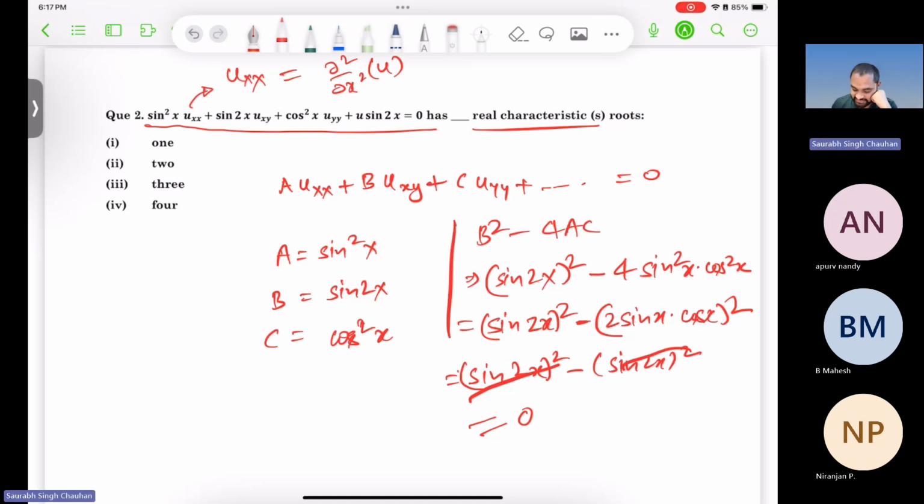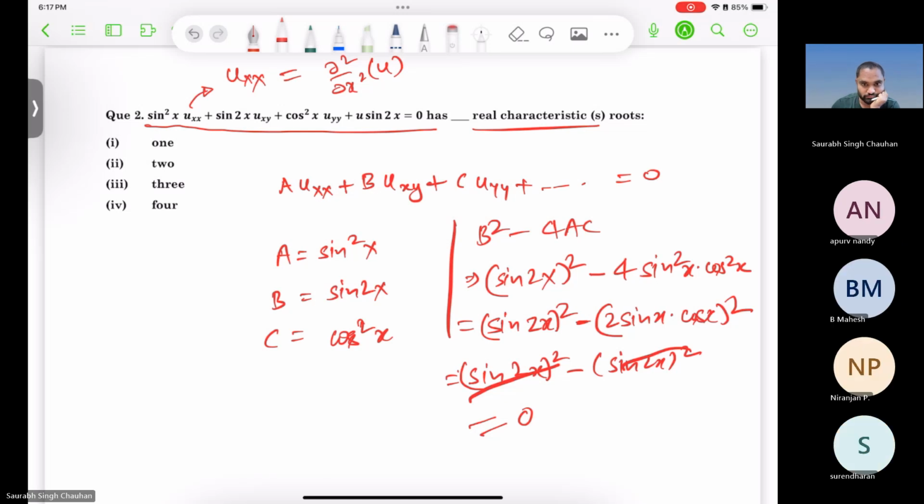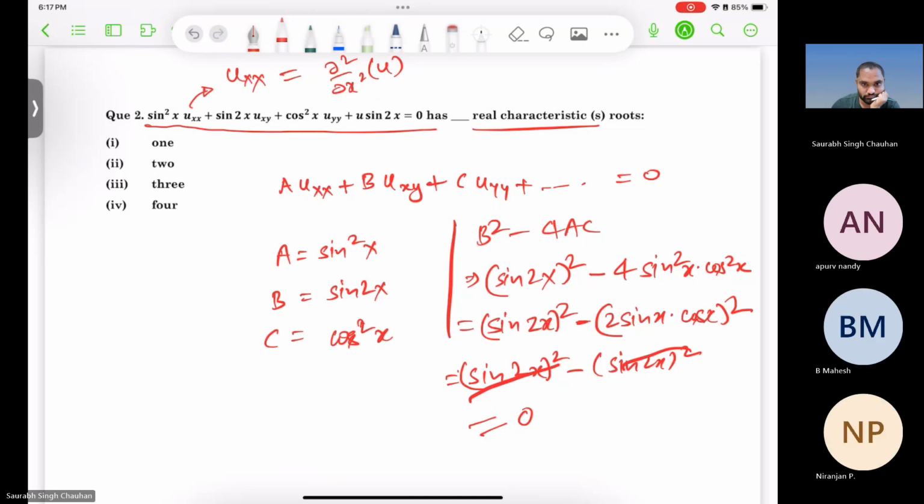And how many real characteristics will it have? One. So if it has one real characteristic roots family, then it is elliptic.